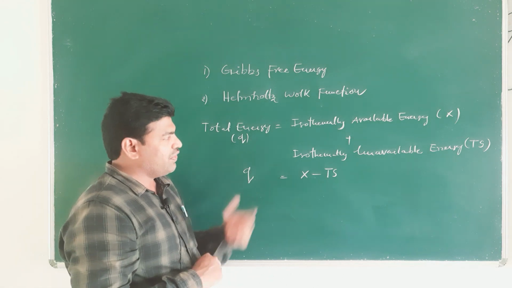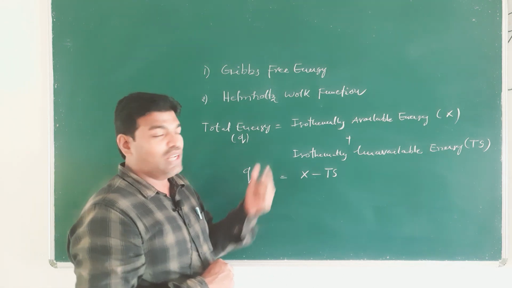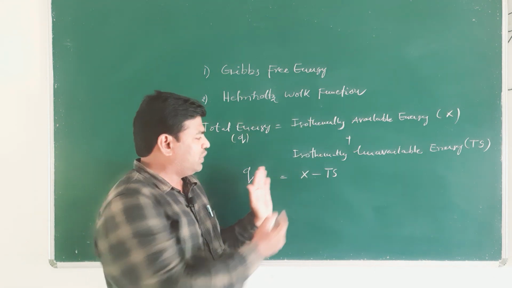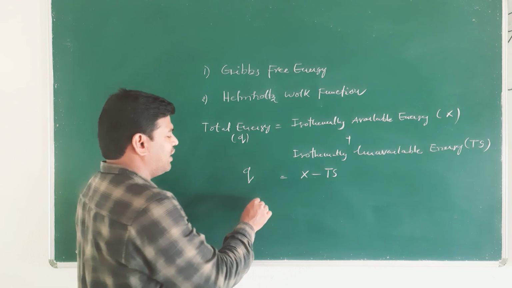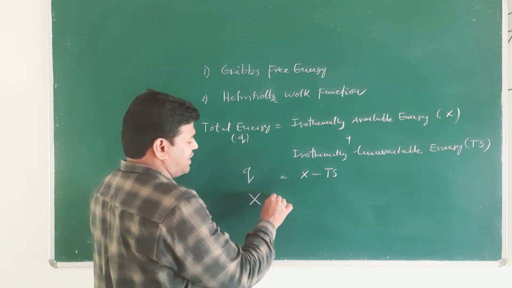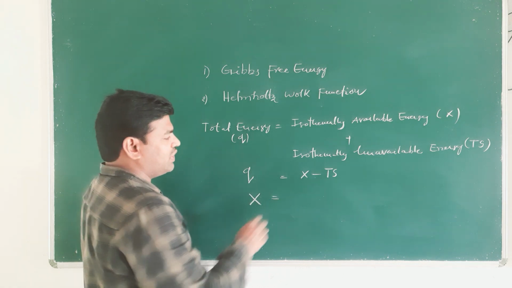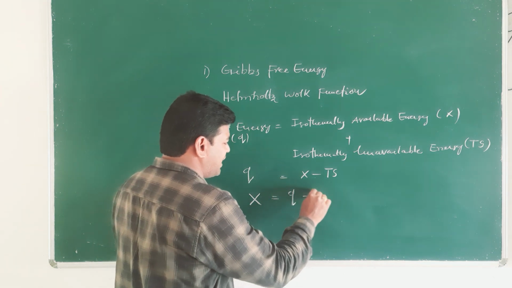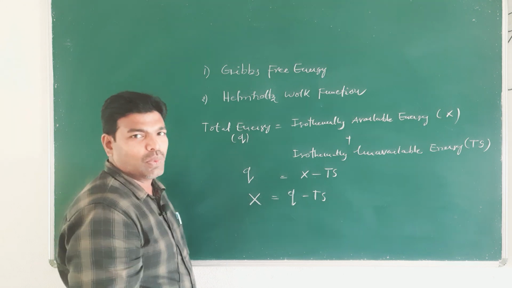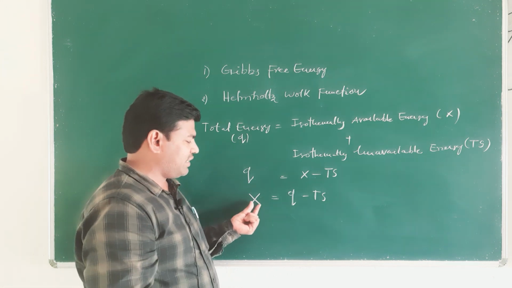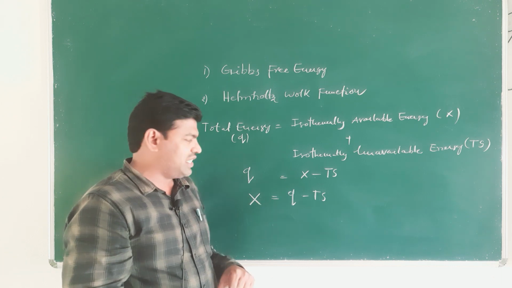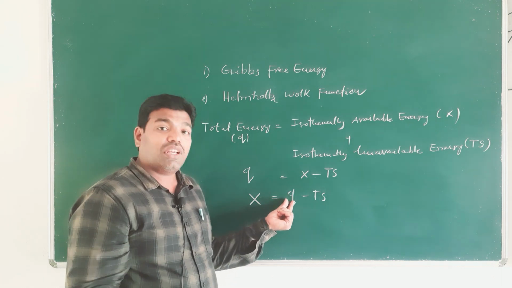So, to calculate the isothermally available energy, we rearrange the equation: available energy X is equal to Q minus TS.